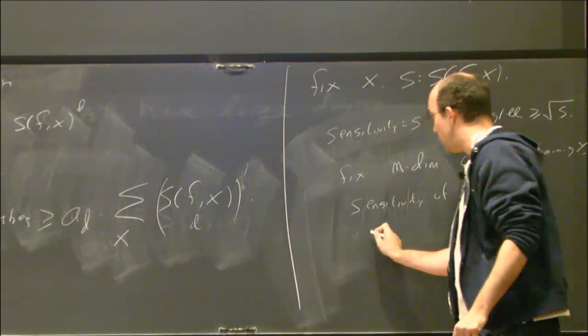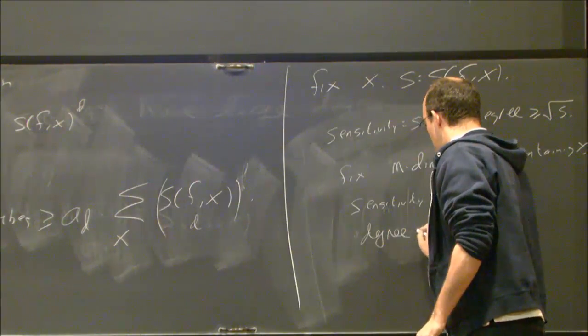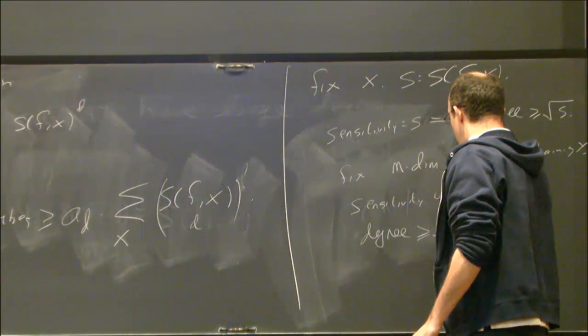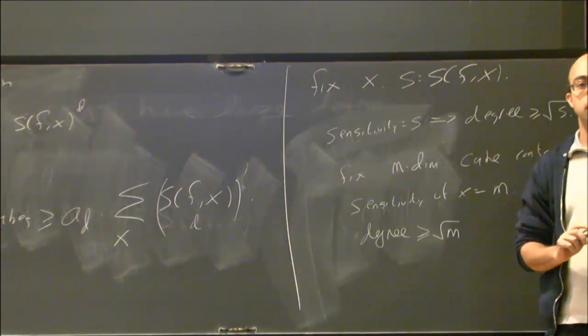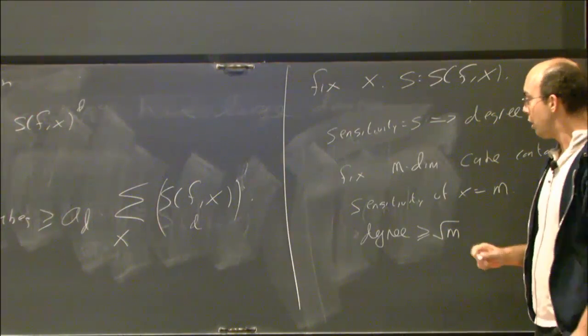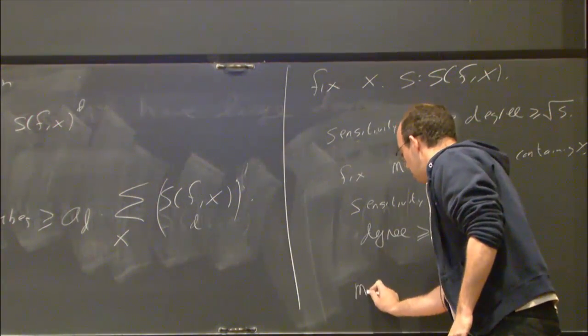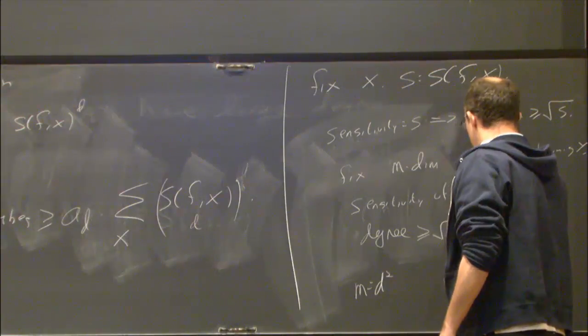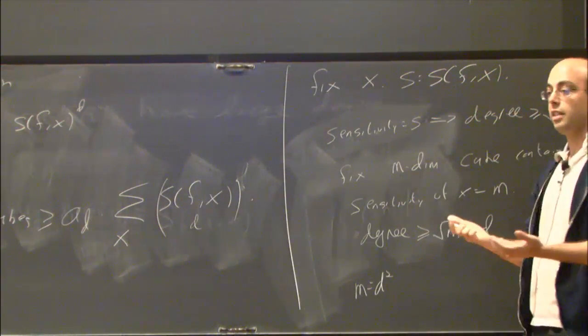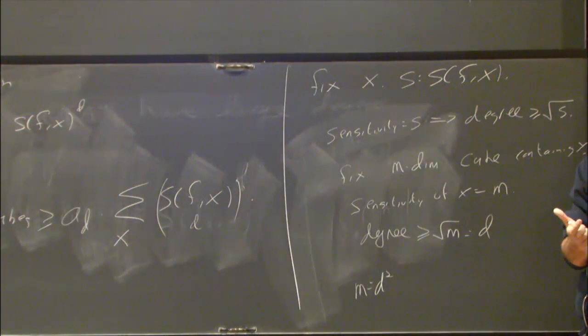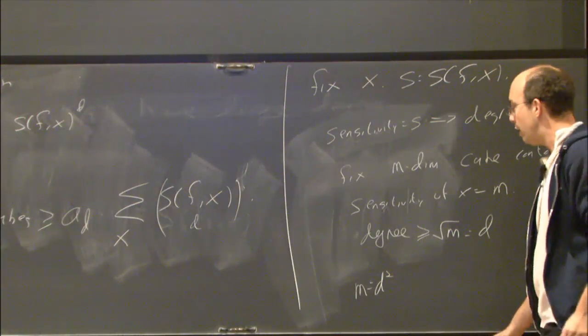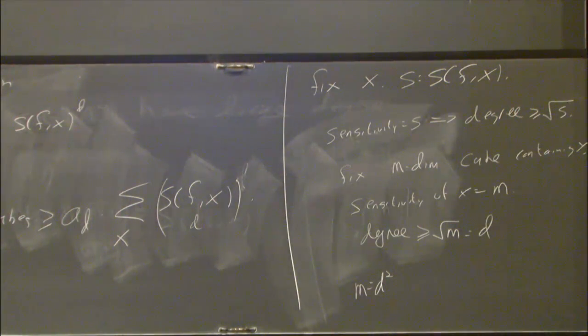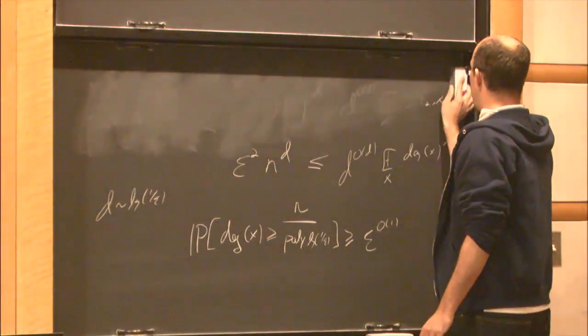So the degree in this restriction is at least root m. I'm going to choose m to be d squared, so that this is d. So the degree there is at least d. Now, as a first step, let's just assume the degree is exactly d and see what happens. Then we'll see what we can do when the degree is at least d.